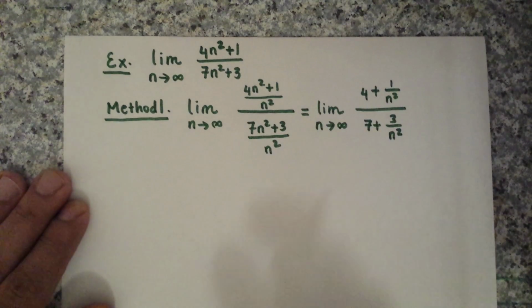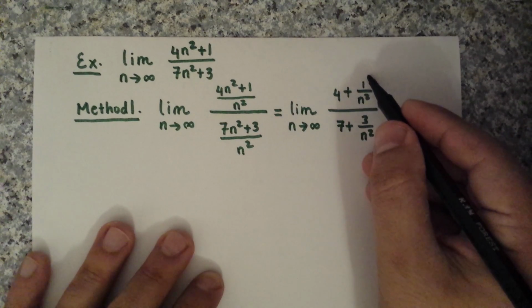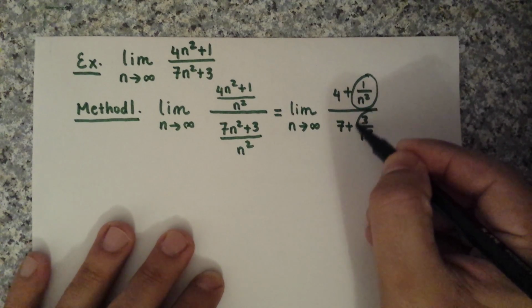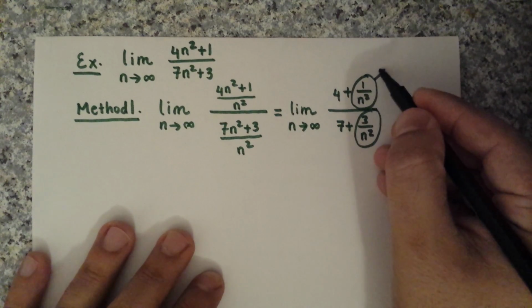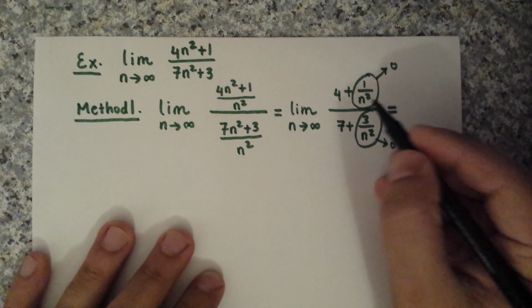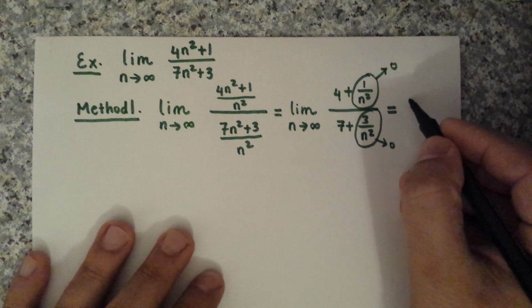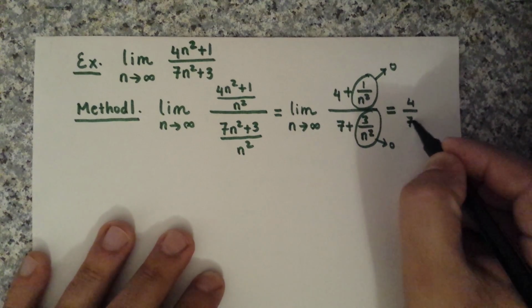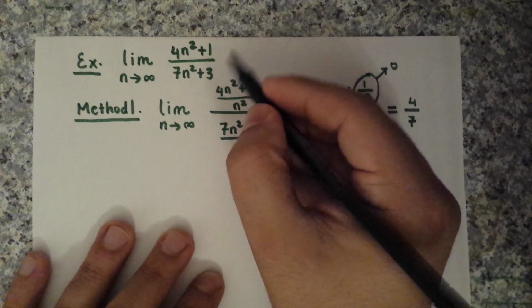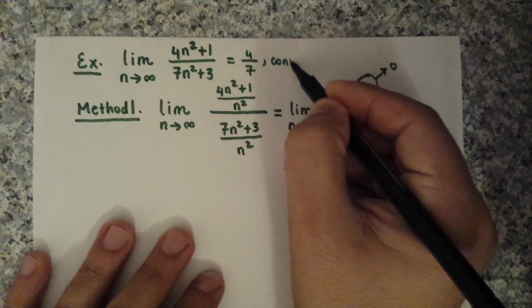As you can see, 1 over n squared and 3 over n squared approach 0 as n goes to infinity. So you just add them: 4 plus 0, 7 plus 0, so it's 4 over 7, and we say that the limit is 4 over 7, and this is convergent.